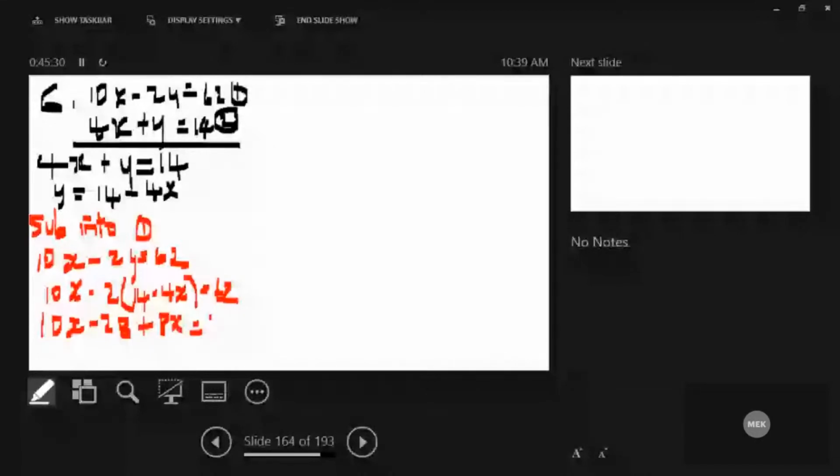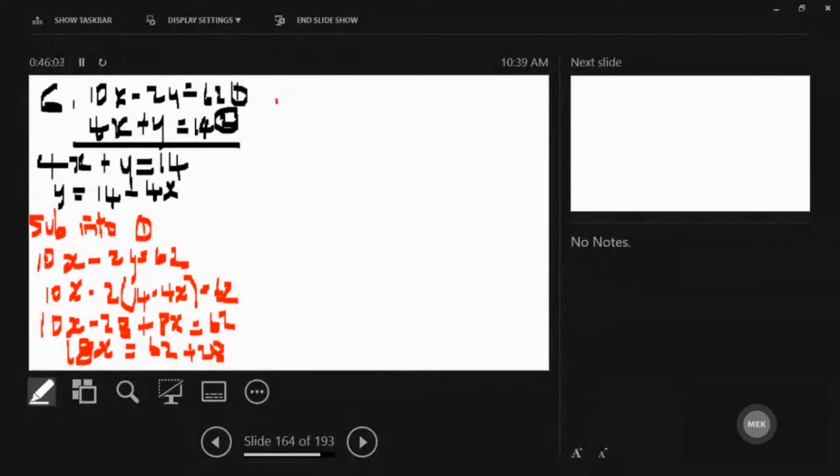And that's equal to 62. 10x plus 8x, that's 18x. And 62 plus 28, that would give 90.